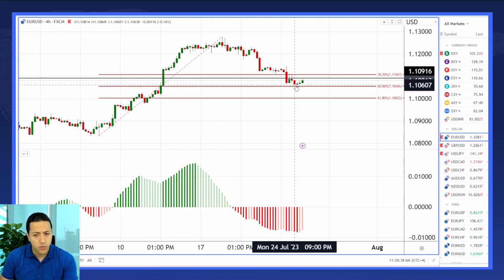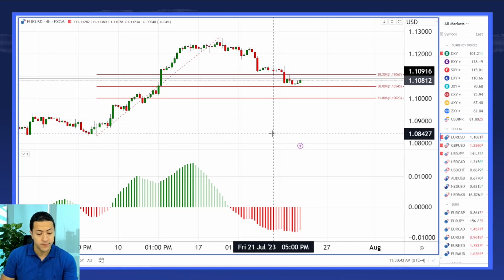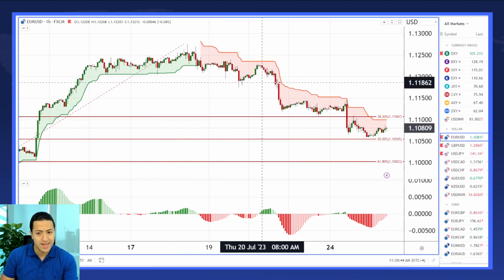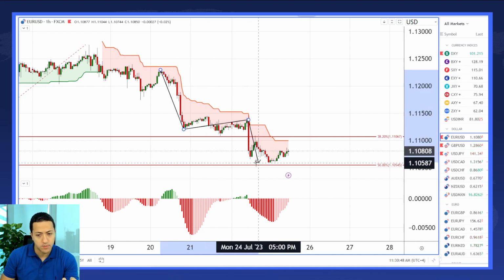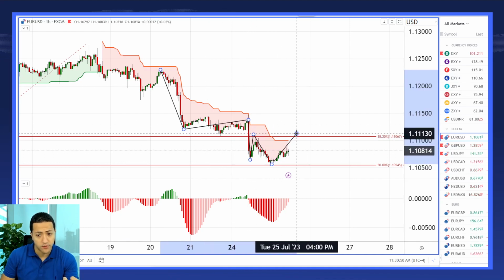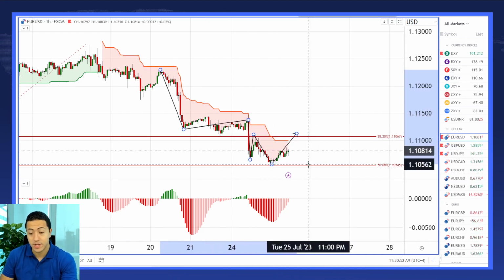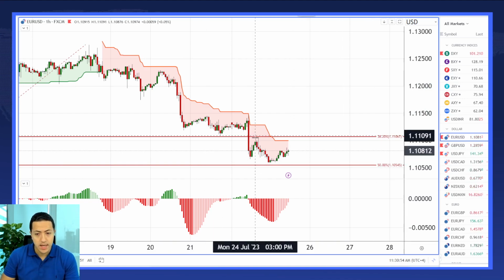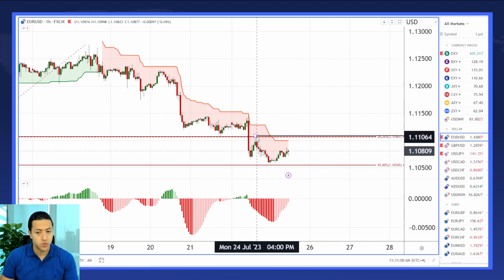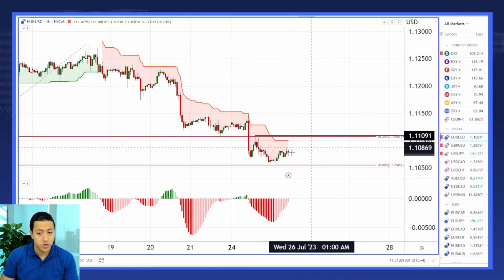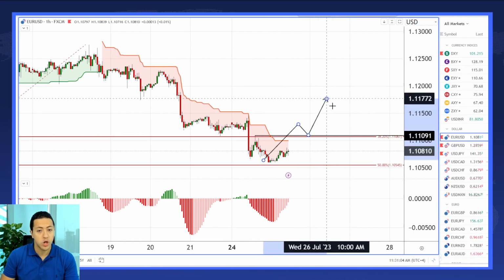We have already roughly touched the 50% Fibonacci retracement level, and also we can see that the downward movement here is losing momentum on the 1 hour time frame. So we will basically follow the same, which is wait for a break above the last high, which is 1.1110.